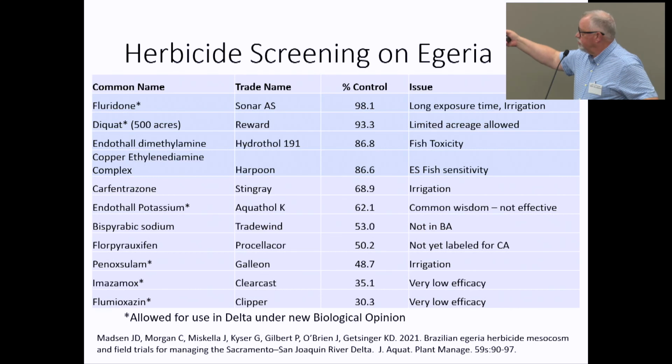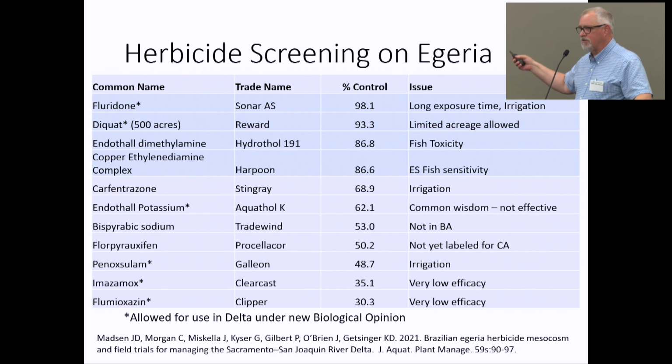Okay, and then we can use fluridone, as was said. At the time we did this test, we could only do 500 acres of diquat in the entire delta, which is not much. And then the 4th one is a copper complex that you can use not only in the rest of the country for algaecide control, and it is widely used, but it's being used in Clifton Court to control aquatic weeds as well.